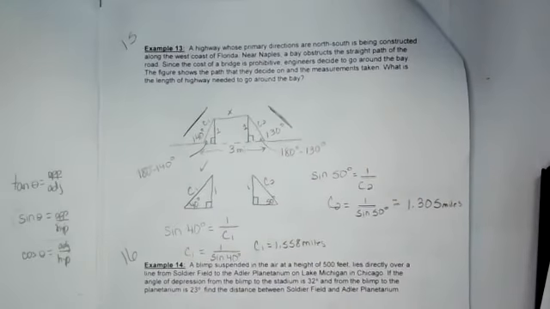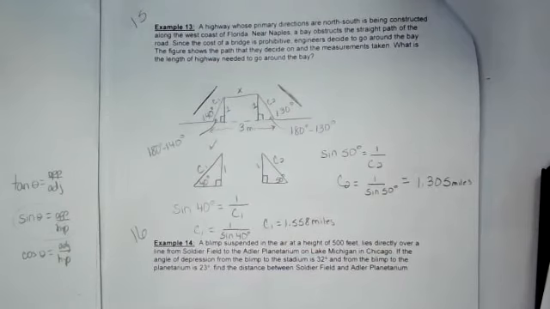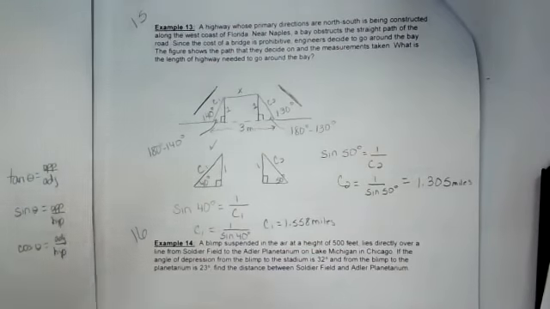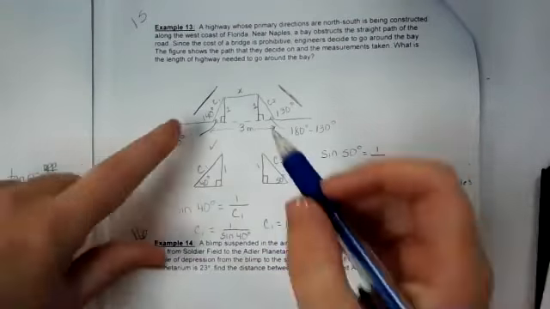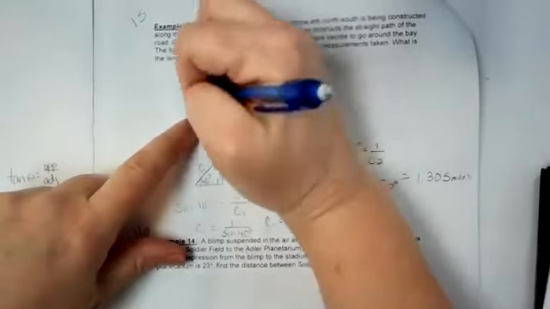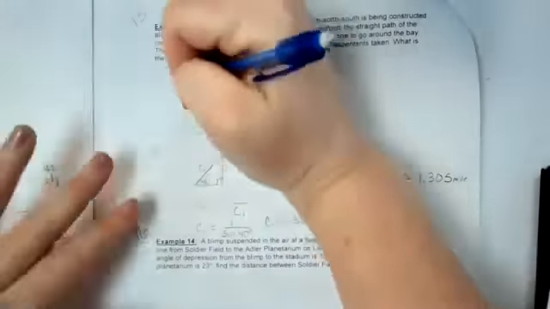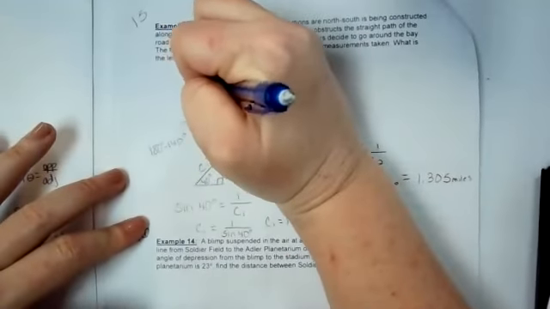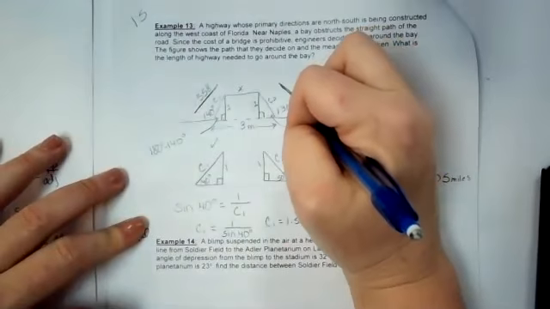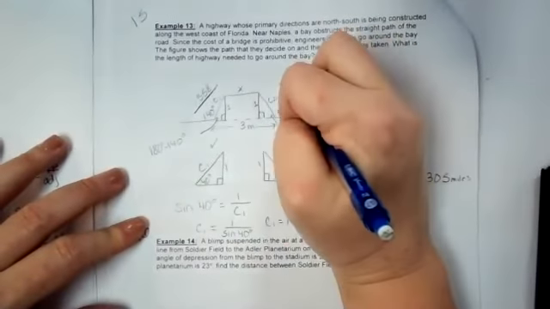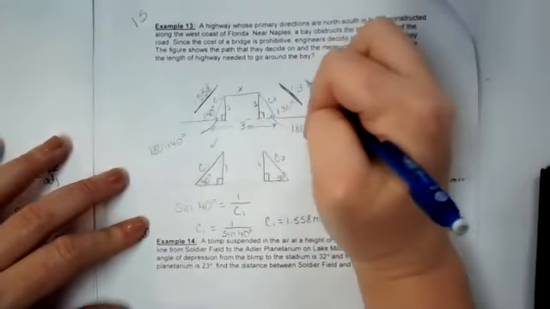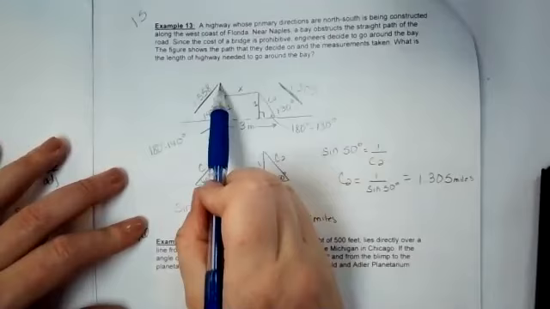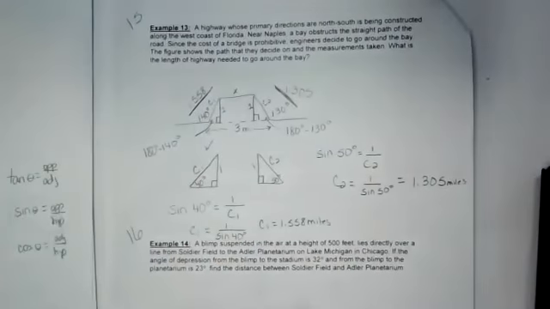Okay, so let's talk about what we have and what we don't have. So we now have this length, 1.558. We have this length, which is 1.305. What we want is the length that connects them.